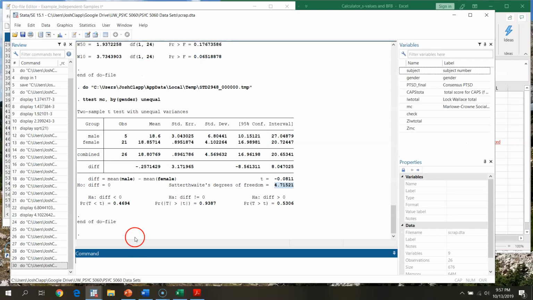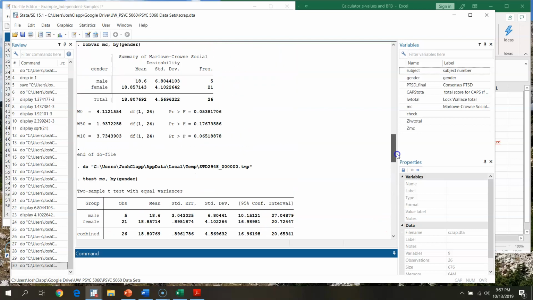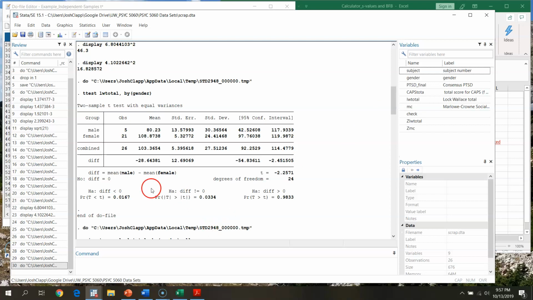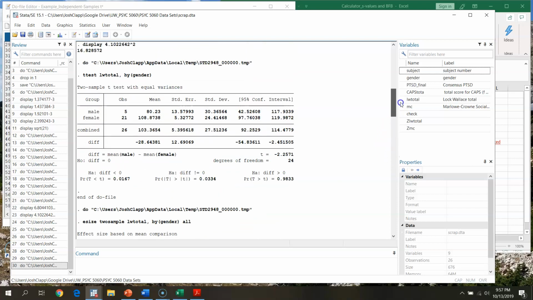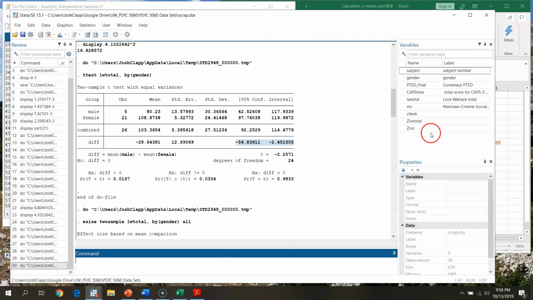Even though for our Marlowe-Crown finding we met criteria for statistical significance by conventional benchmarks, and even found a large effect size even when corrected, we want to be careful about the strength of evidence for our conclusions, based on the width of our confidence interval here, and the limited additional evidence based on our S values and our Bayes factor bound. Okay, so that works through that.